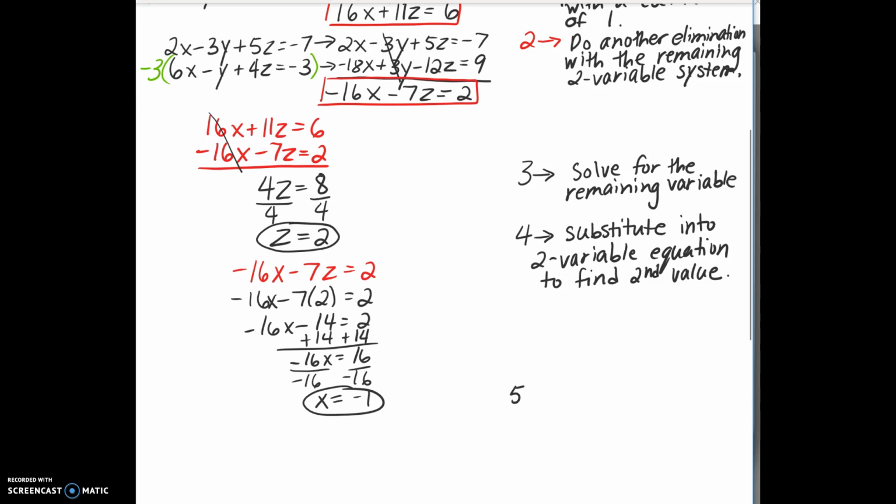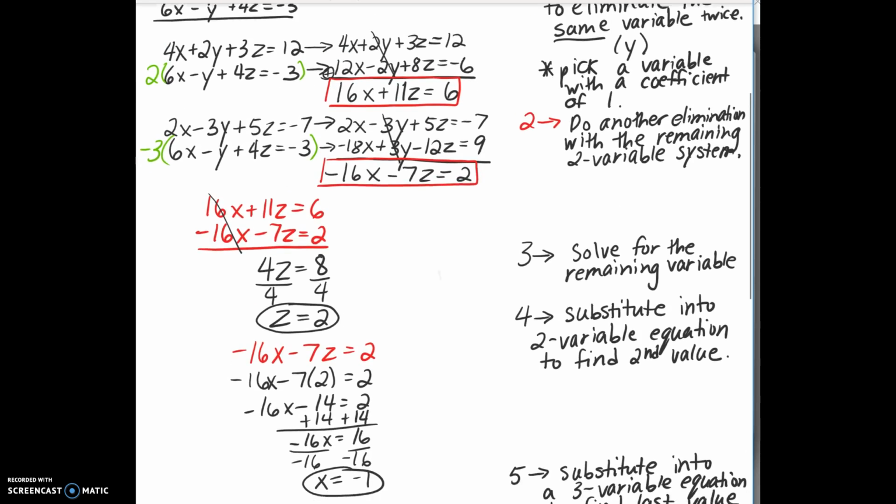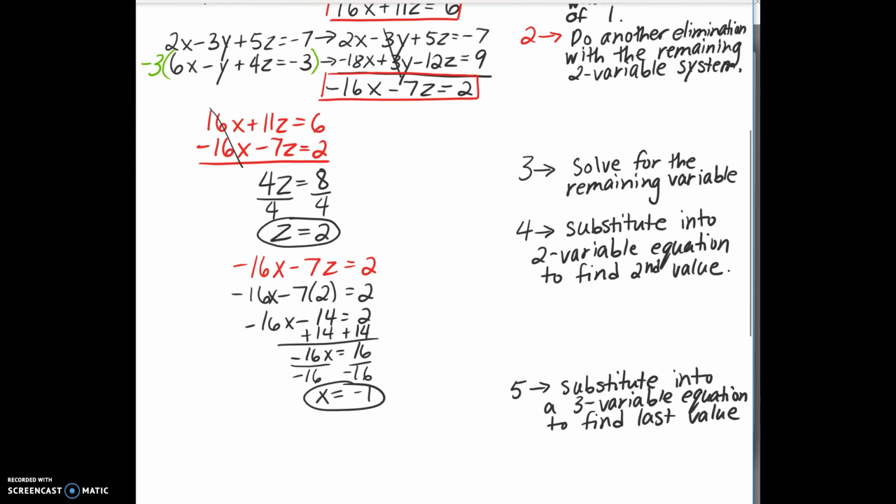And now we're going to pick one of the original equations to find our last value. Again, it does not matter which one you pick. So I think I'm actually just going to pick the first equation, keep it simple, the 4x plus 2y plus 3z.